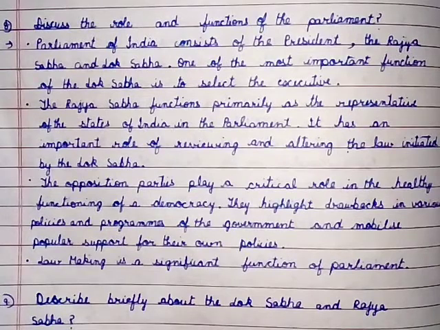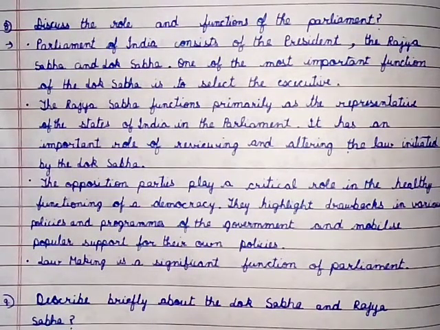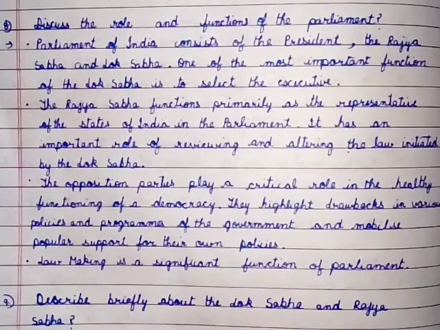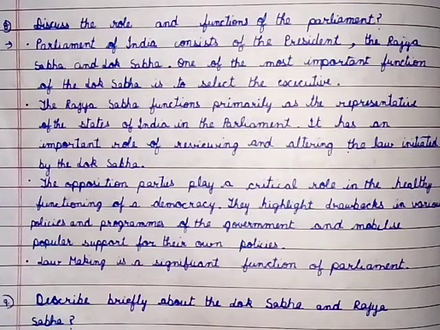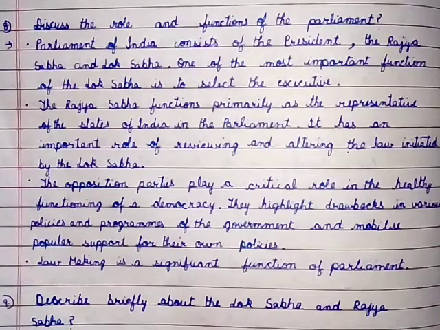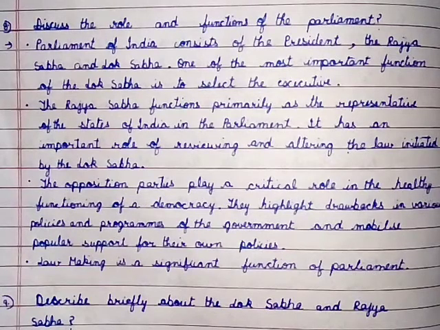Question number 8. Discuss the role and the functions of the Parliament. Parliament of India consists of the President, the Rajya Sabha and Lok Sabha. One of the most important functions of the Lok Sabha is to select the executive. The Rajya Sabha functions primarily as the representative of the states of India in the Parliament.